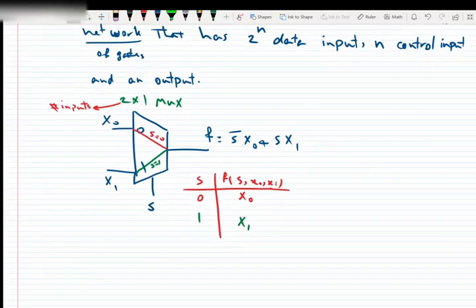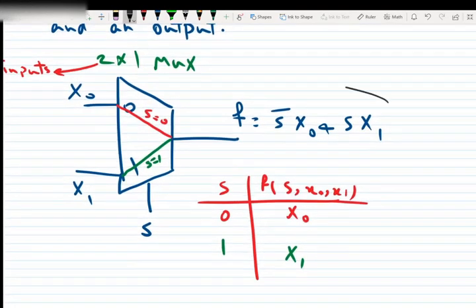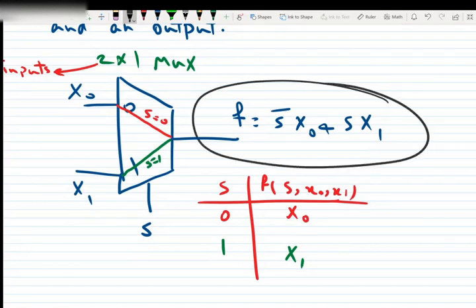Let me see what the internal architecture or internal circuit of this multiplexer is. By the way, before drawing the circuit, let me just talk about this function for a minute.